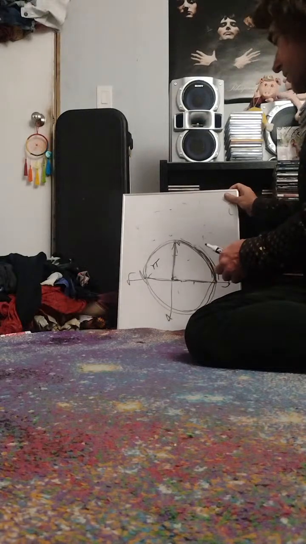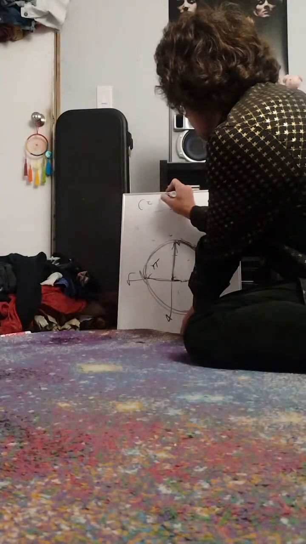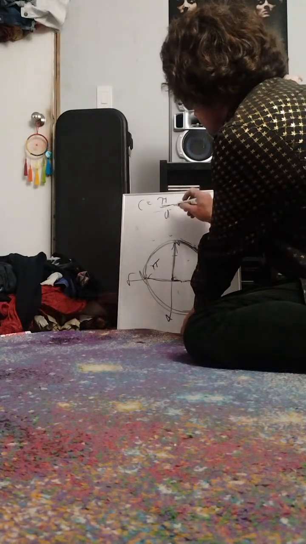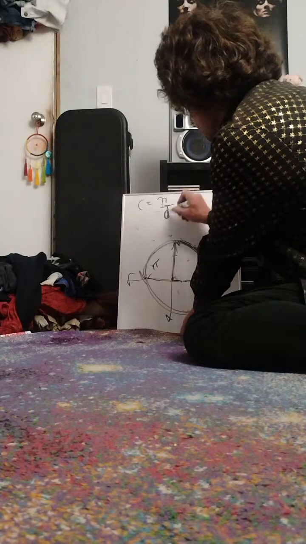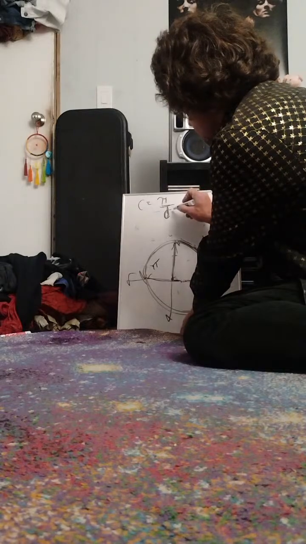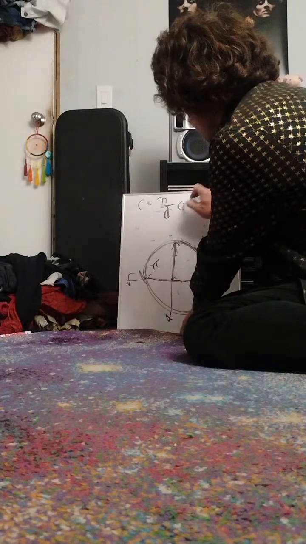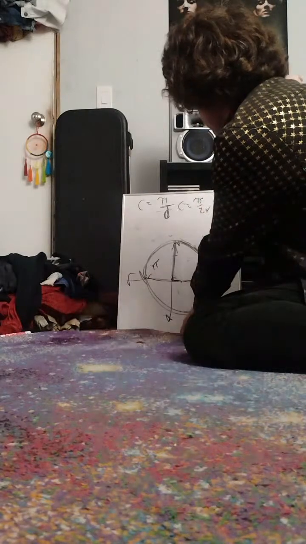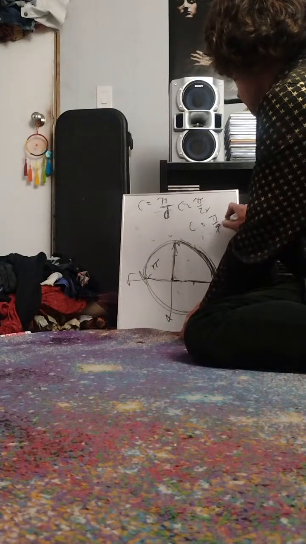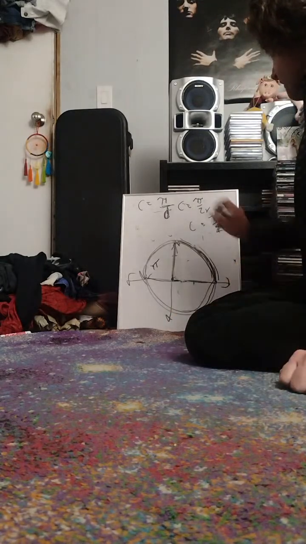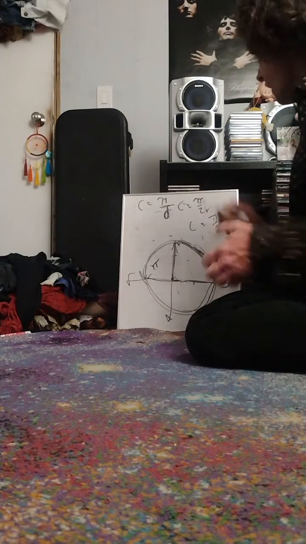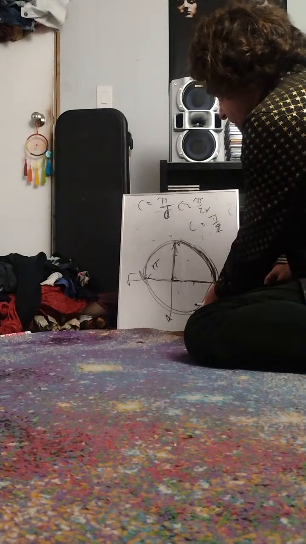Radians is how much, so if circumference equals pi over d, and d is 2r, then circumference equals pi over 2r. Oh, I know what I'm doing wrong. I get it. Diameter.